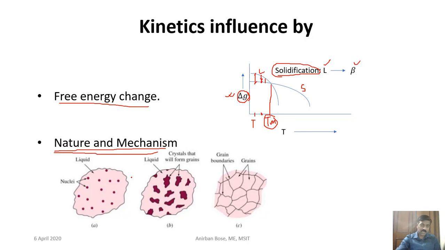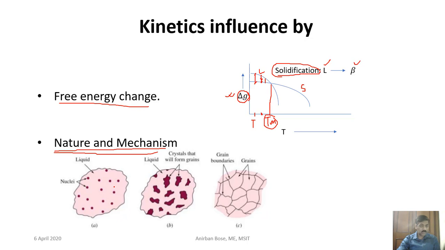One is nucleation. You can see initially, suppose the whole thing is a liquid, and when you keep it at a temperature lower than the melting point, then what will happen? It will gradually solidify.